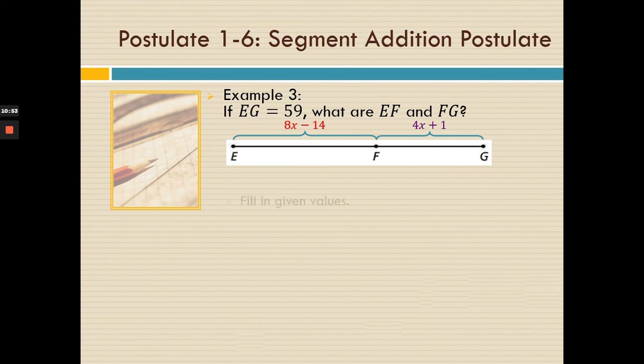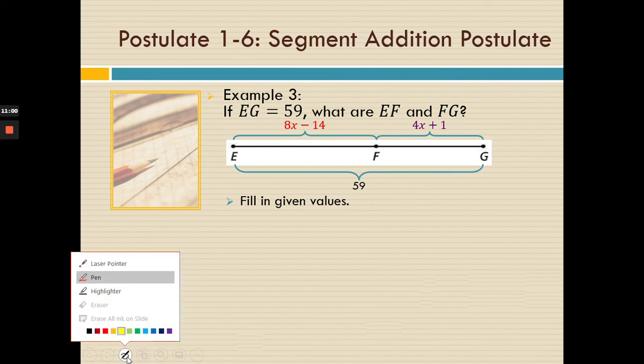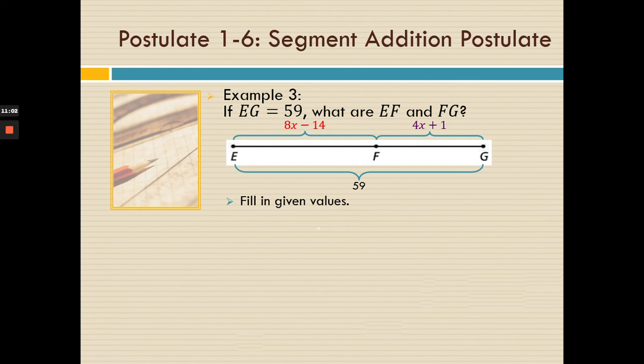So our given values, all we have is that the whole thing all together is 59. That's all we know right now. But the segment addition postulate tells us that if we add these two things together, that's equal to the whole entire thing, which is 59. So we can take EF plus FG, and that is EG, the whole thing.